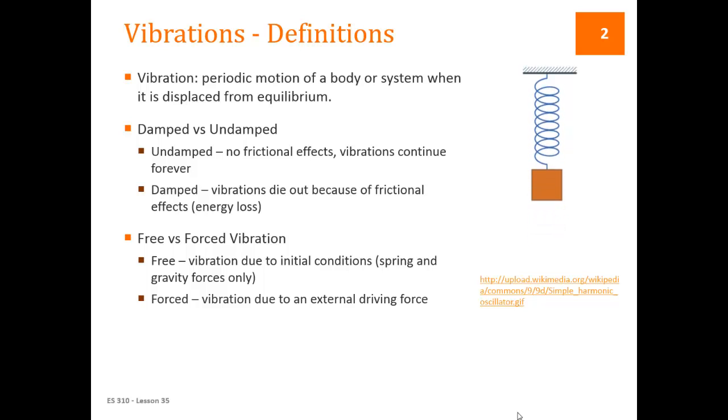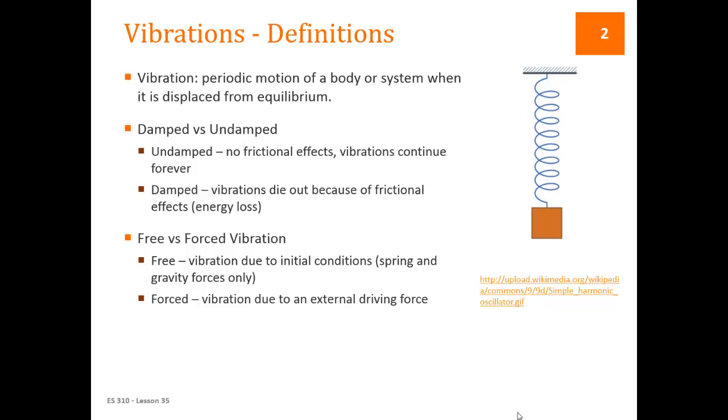We also have free versus forced vibration. Free vibration is vibration that occurs because of an initial condition. So I may punch something and it will vibrate, or I could pull down this spring, give it an initial displacement, and let it vibrate. That is free vibration. Most free vibration in the real world will eventually die out because there is friction in the real world.